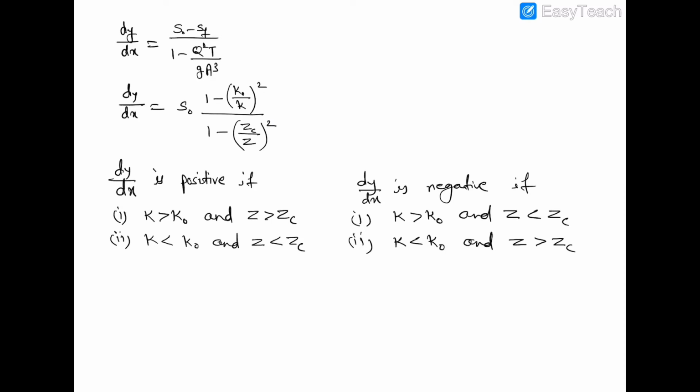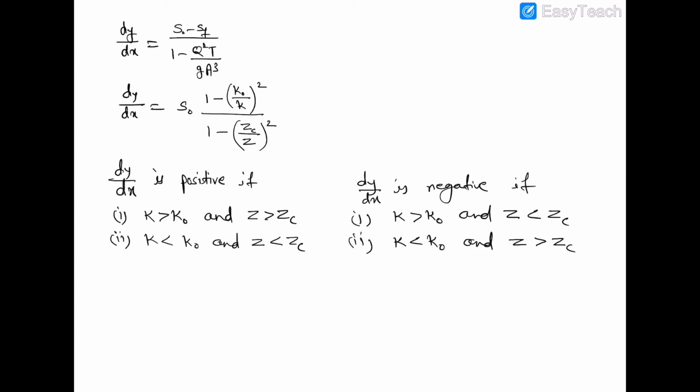And in similar way, if z is greater than zc, then this will be less than 1 and the square of this will be less than 1. Ultimately the denominator will also be positive.